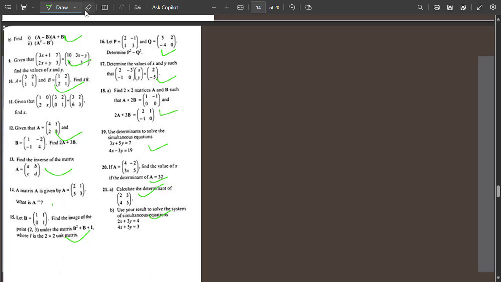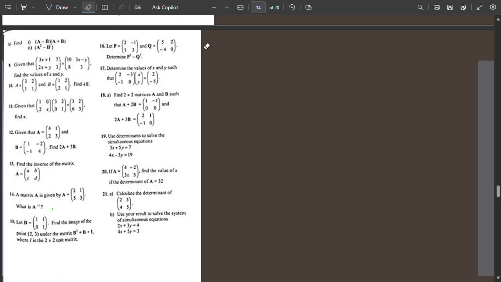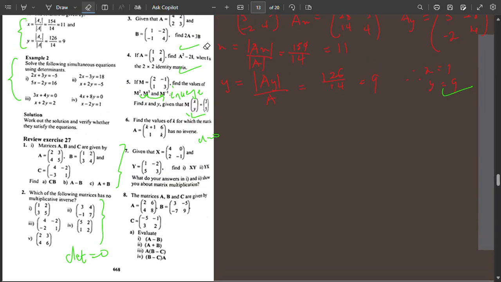You should try these examples, and then check the answers at the back of the book, because it has the answers there. And if you want to solve them, you have to pause the video and then solve.